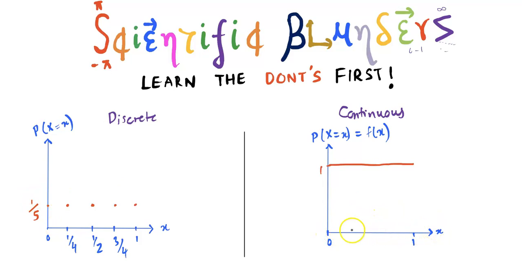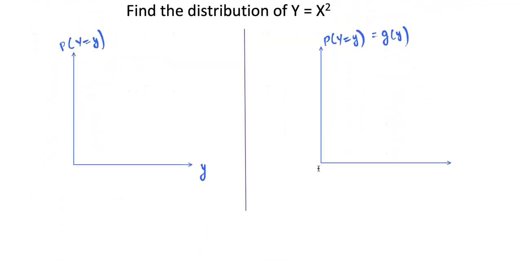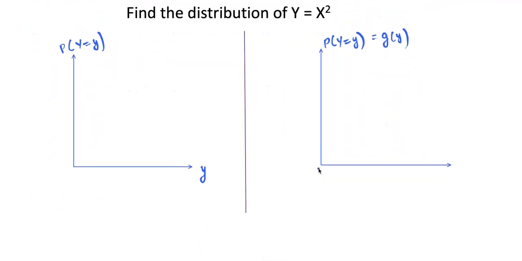X can take a range of values between 0 and 1, all with equal probability density. And so the problem that we're going to attempt today is one where we try to find the distribution of y equals x squared, and hopefully this can help us understand some very interesting differences between discrete and continuous distributions.